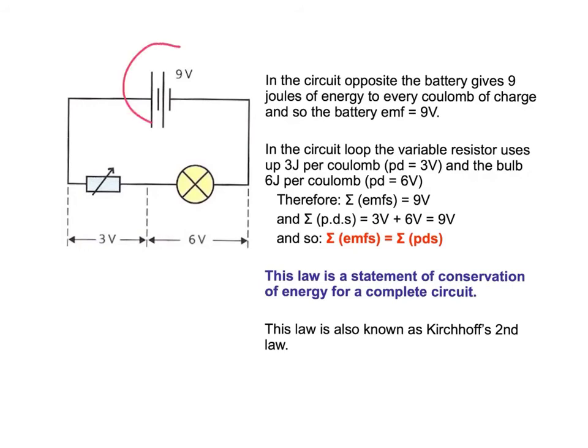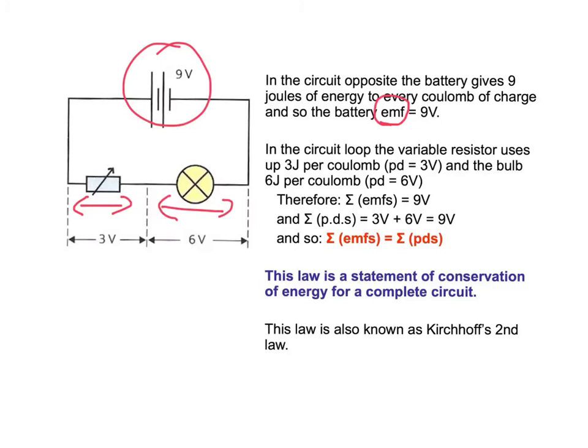When talking about the voltage of the battery, we generally use the term EMF, electromotive force, and this is the voltage produced inside the battery. And then we talk about the potential difference across each component. This is the same as the voltage across each component.